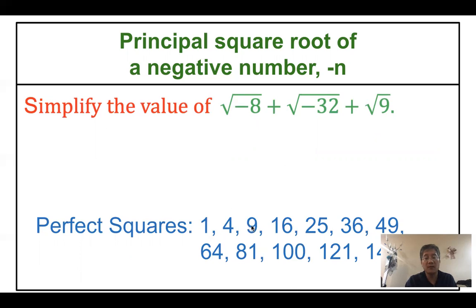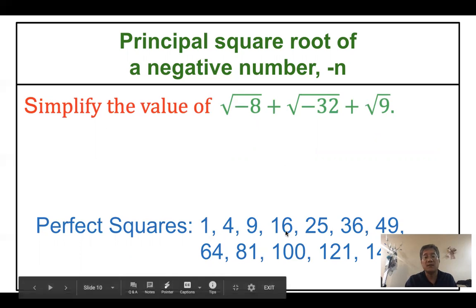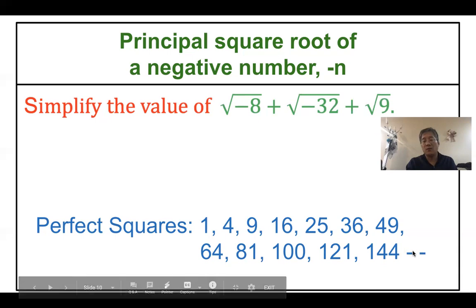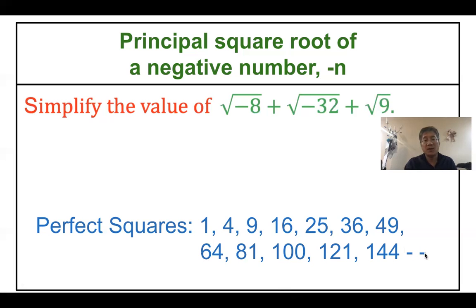How about 9? 3 squared. 16, 4 squared, 5 squared, 6 squared, 7 squared, 8 squared, 9 squared, 10 squared, 11 squared, 12 squared, and 169 is 13 squared. If you remember, much better, you will be able to figure it out very quickly. So for these kinds of problems, you need to remember what the perfect squares are.